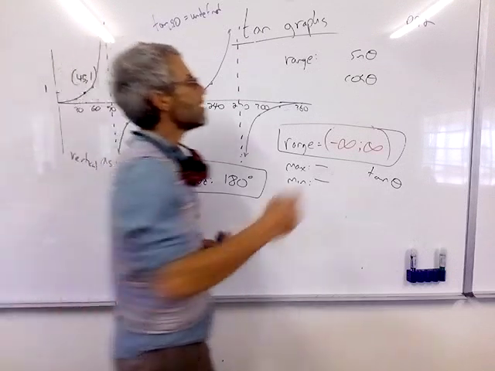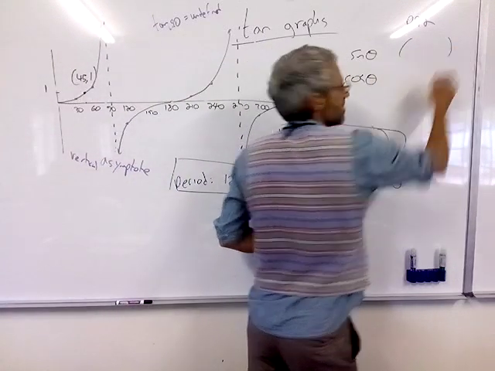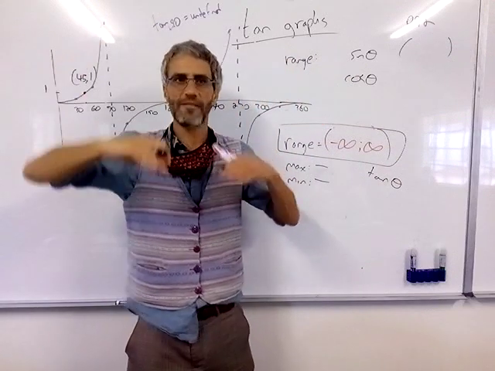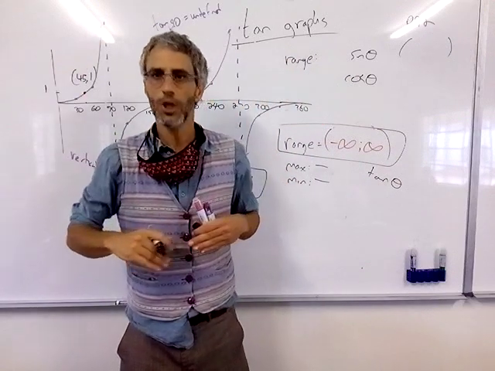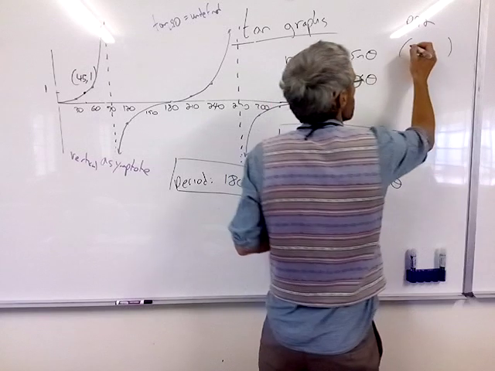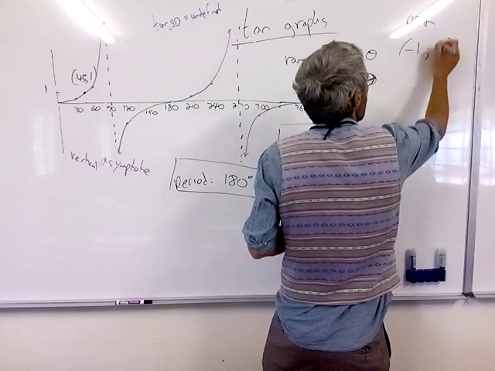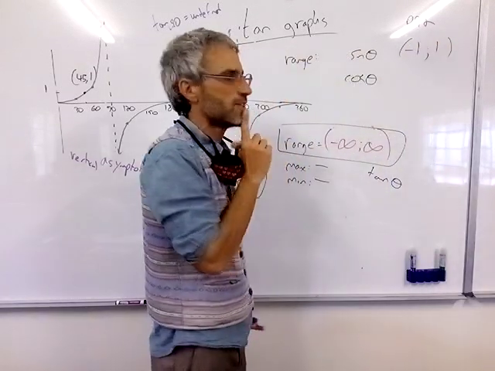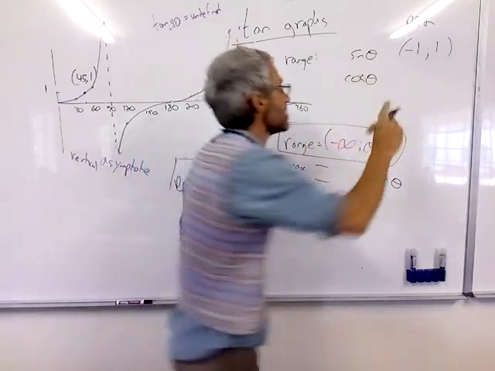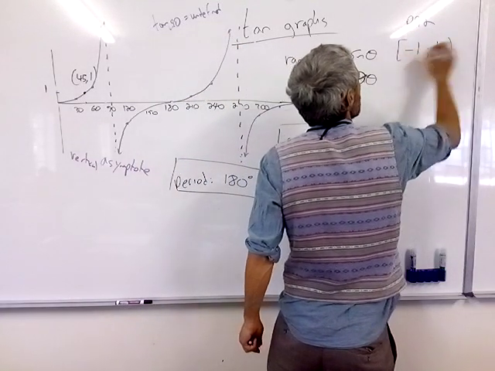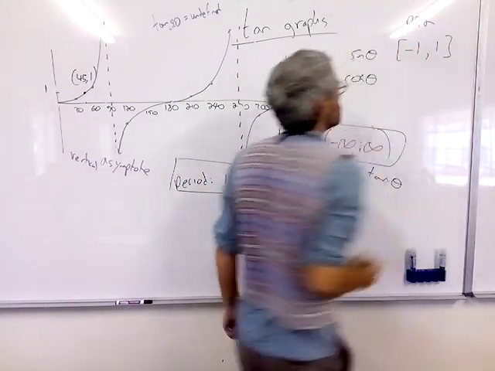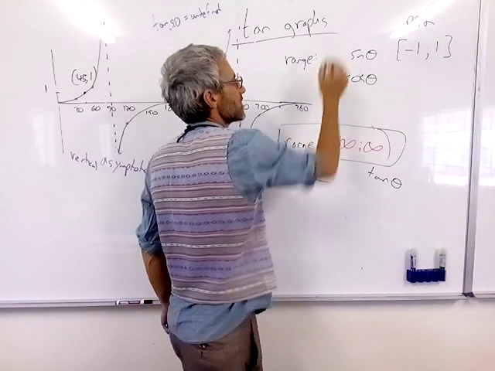What will be the range for sine theta? Remember, range is the y values. Yes, 1 and minus 1. Correct. But we always start from the smallest one, so from -1 to 1. Now, is this right, what I've done? I've done something wrong. I need a square bracket because it is including -1 and 1. You're right. That's the range for sine.